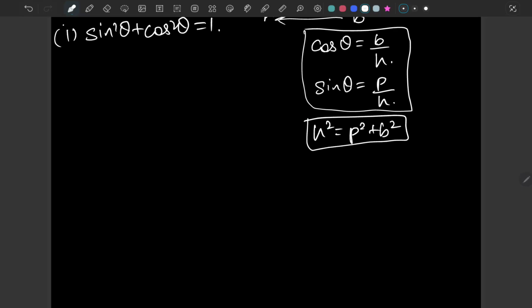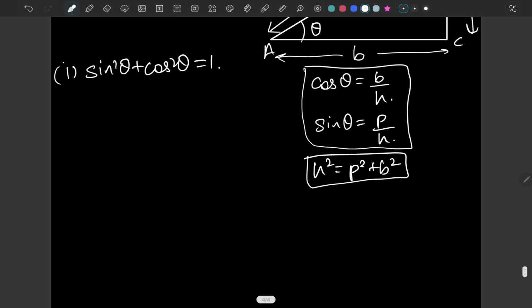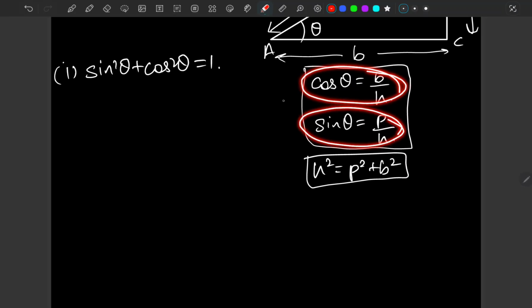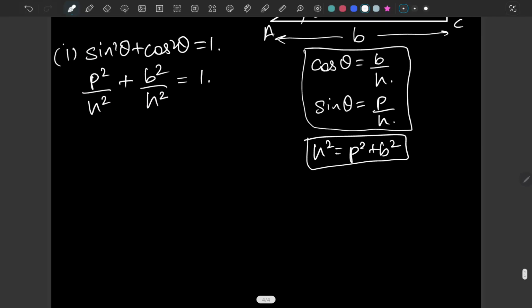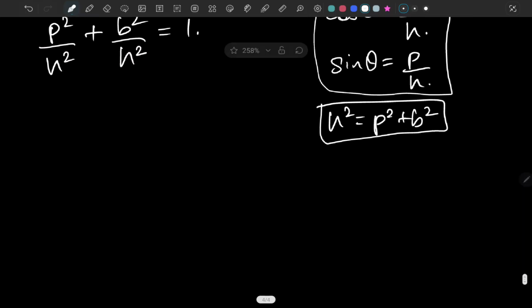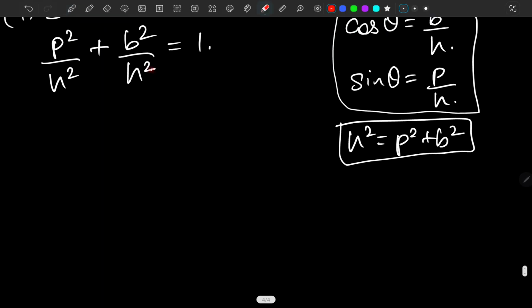From these three equations, let's plug this in. If we square the cosine term and the sine term, we get p squared over h squared plus b squared over h squared, which we have to prove equals 1, right? Since the denominator is the same, it can be written as p squared plus b squared over h squared equals 1.